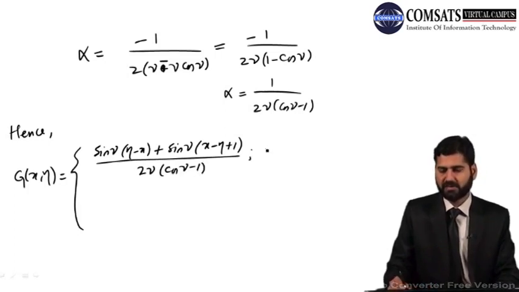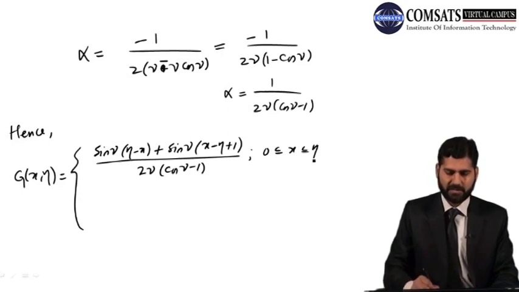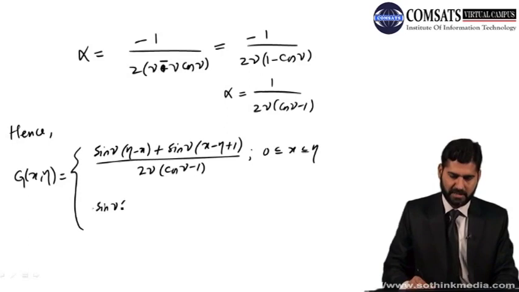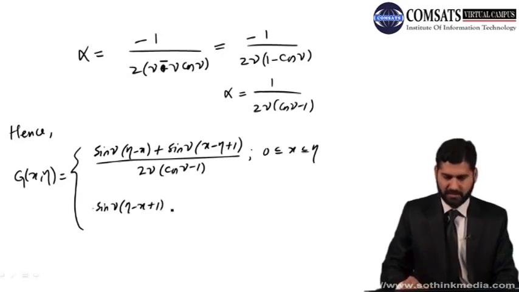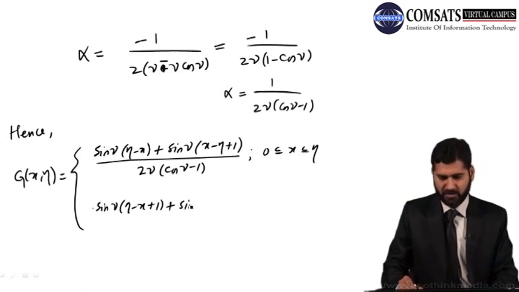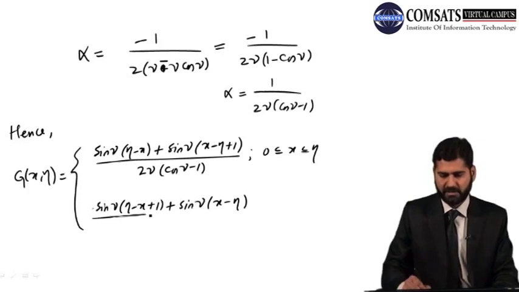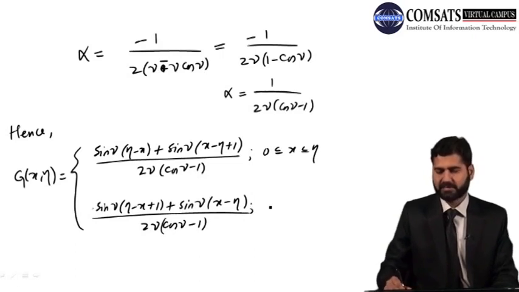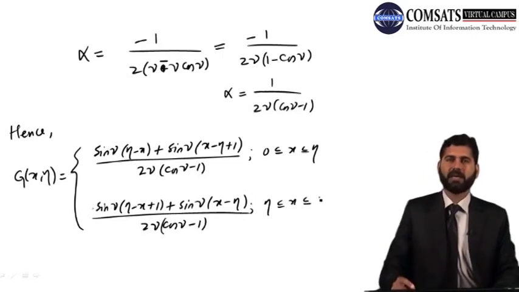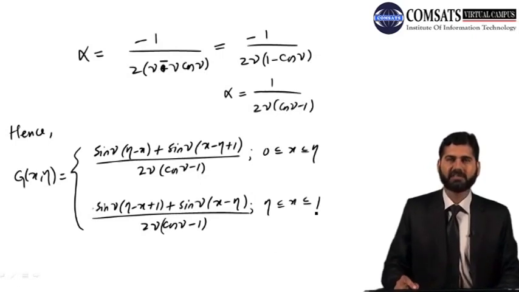So this is your first one, and the second one is sin nu eta minus x plus 1 plus sin nu x minus eta, divided by 2 nu cosine nu minus 1. So this is the case for x greater than eta. So this is your Green's function for our third example.